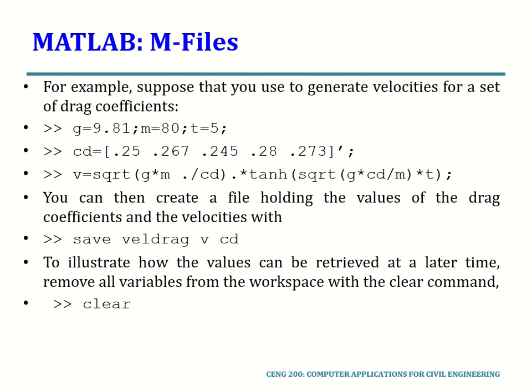Okay, and then you say save. Now what is this? Name of the file. Now from these 5 variables, which ones do I want to save? Only V and CD. Okay, so M and T and G will not be saved in this one. Clear?